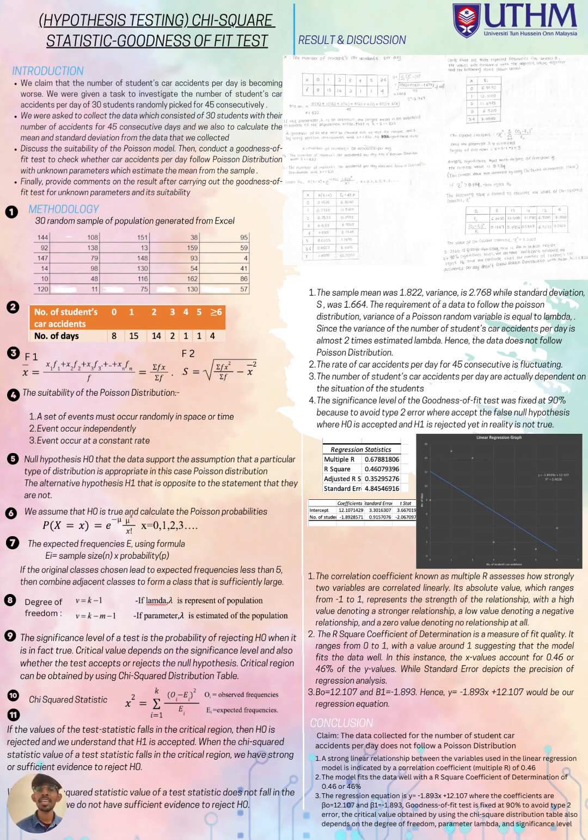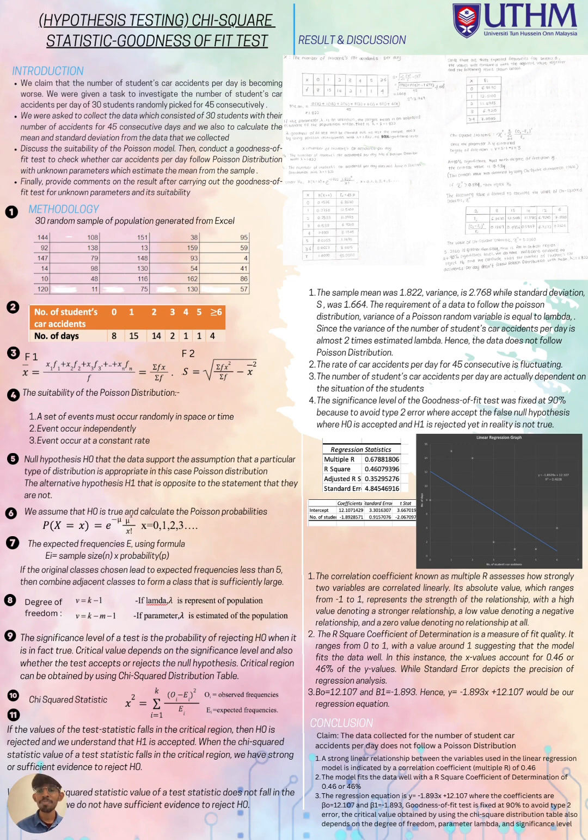On the other hand, from our observation, the number of students' car accidents per day actually depends on the situation of the students. But to assume that the data follows the Poisson distribution, the events must be independent of each other. However, in this case of students' car accidents, there are many factors that increase the likelihood of an accident occurring.